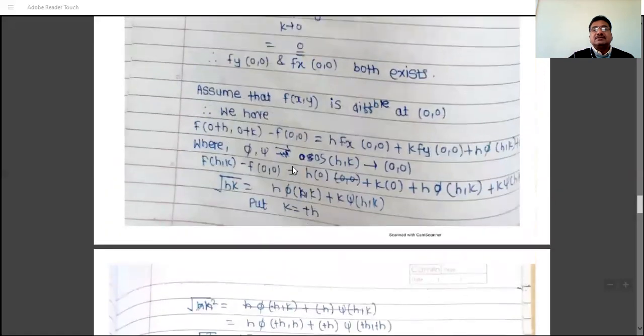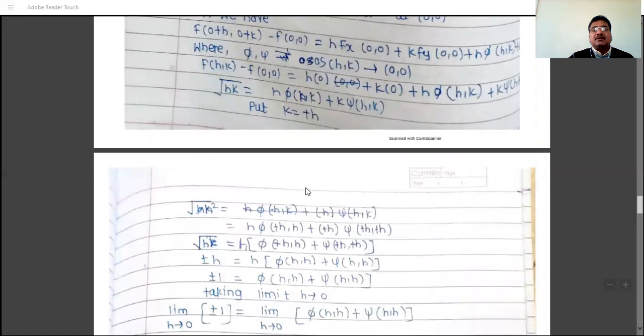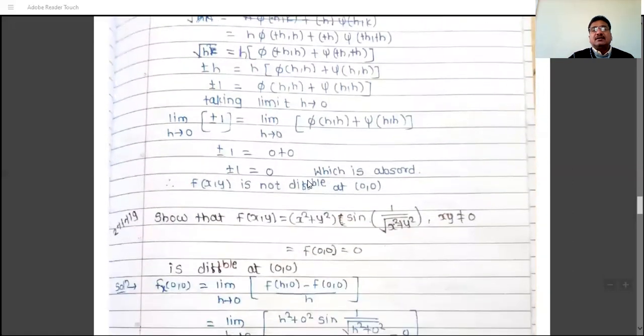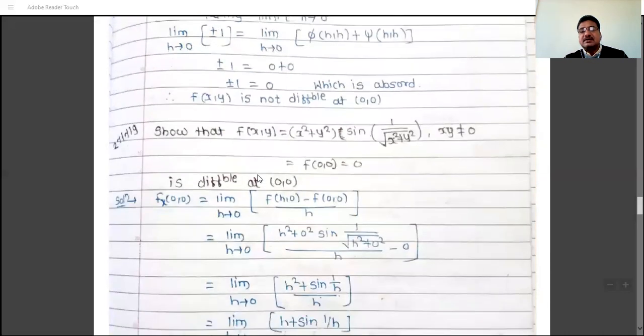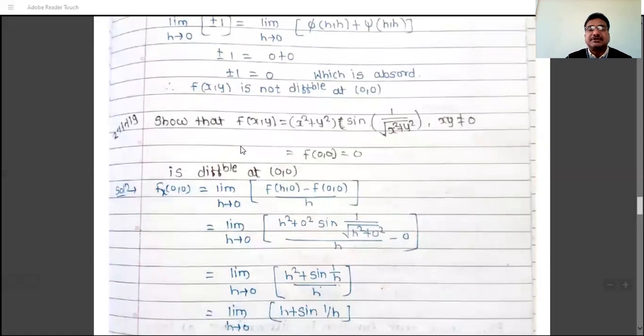Someone asked the question: if the fourth way also fails, then what do we do? If the fourth way is also not possible, fails for the example, then such an example is an example of a differentiable function. So then the function is differentiable. How can we show the function is differentiable?